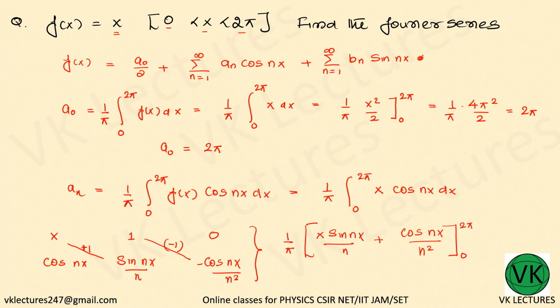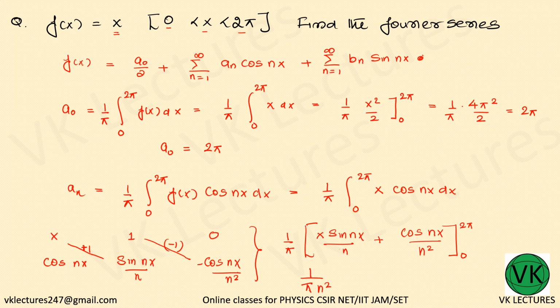Now this x sin nx term, with limits 0 to 2 pi, is 0. So 1 by pi n square times cos 2n pi minus cos 0.